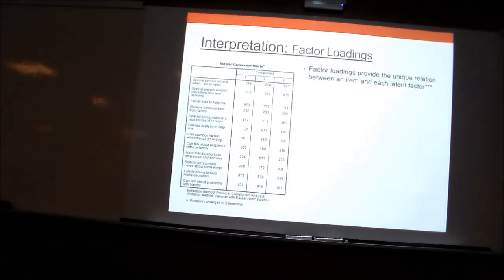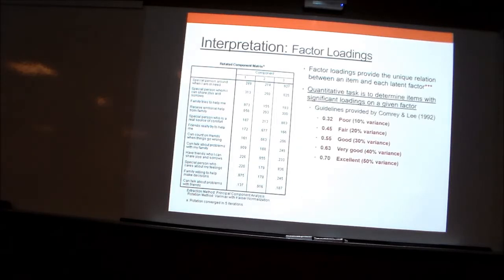Now, in our pattern matrix, if we have an oblique rotation, these factor loadings represent the unique relation of each item with each one of these factors, controlling for shared variability across them, which complicates things a little bit. But what we want to do is identify items that have significant or salient loadings on a given factor.